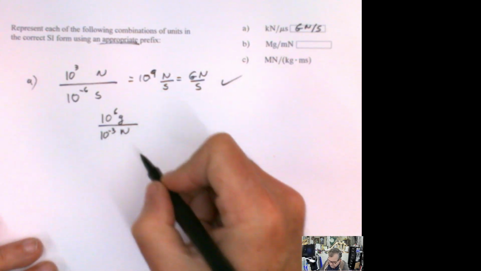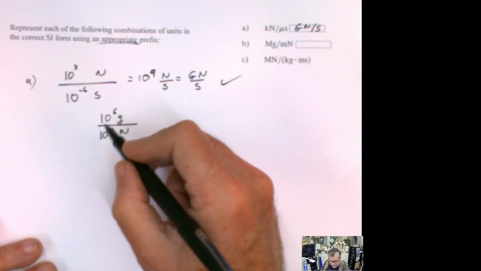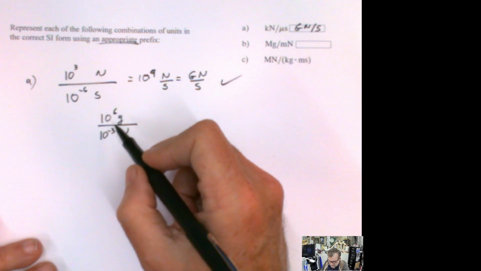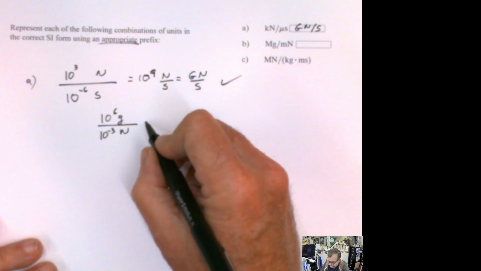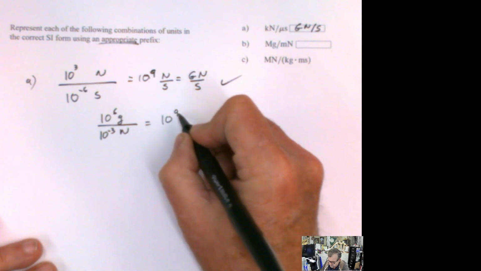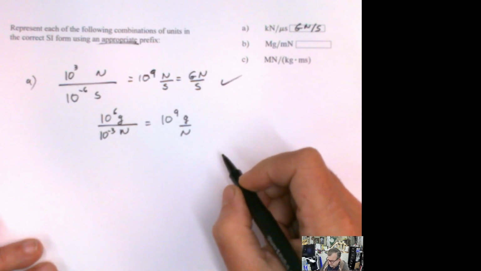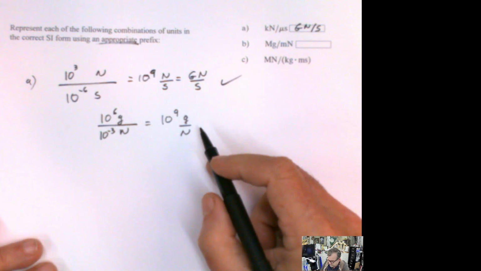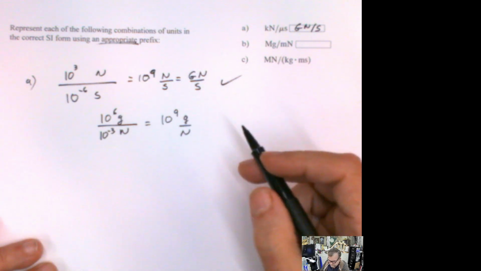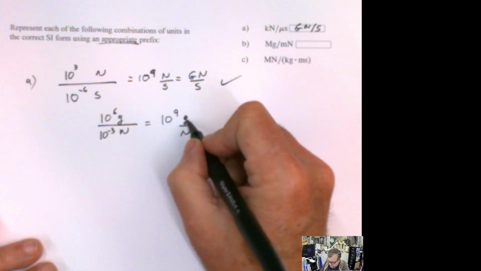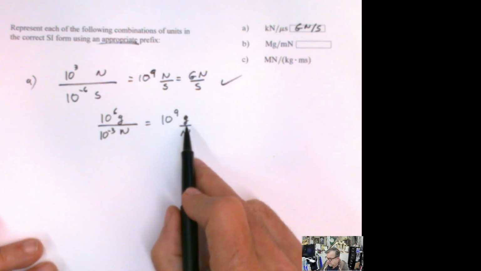Now, what do we have here? What we have here basically is 10 to the 9, once again, grams per newton. However, and this is when things start getting a little bit crazy, remember, gram is not the unit.